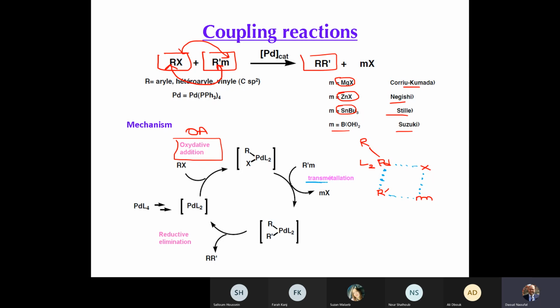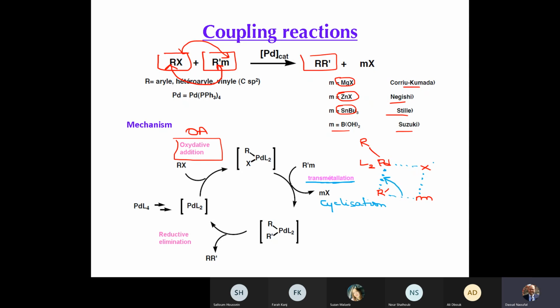This is what we call a transmetallation, or we can call this a cyclization. Cyclization means the formation of a cycle. Then we have reversion of the bond. We have cycloreversion. So the palladium bond will be between M and the bond between palladium and R prime.